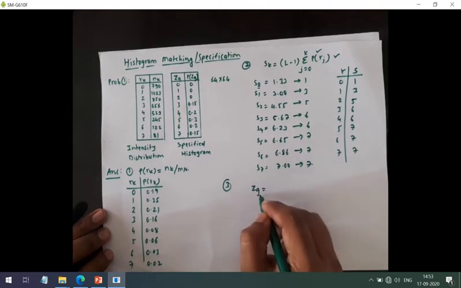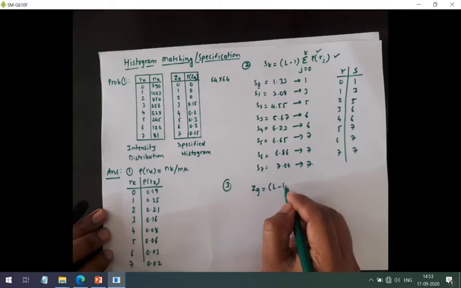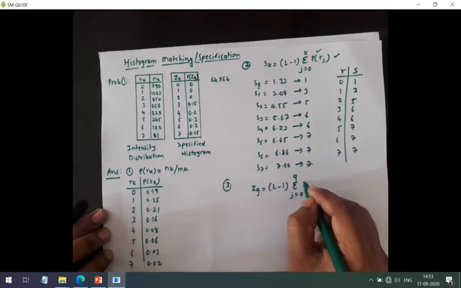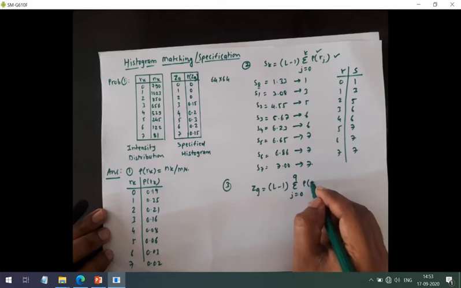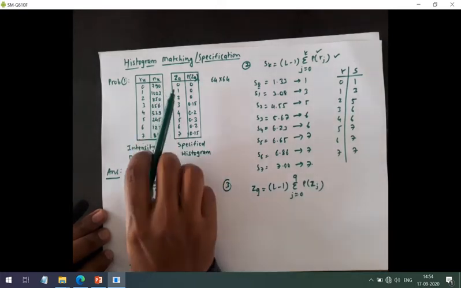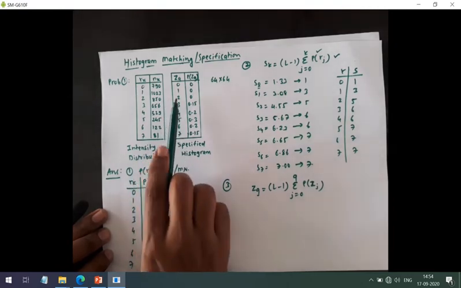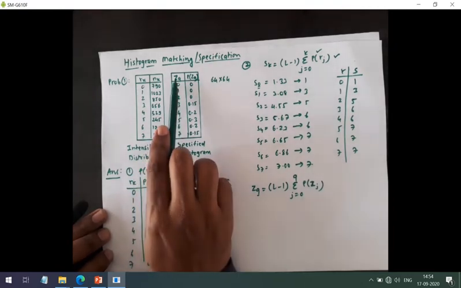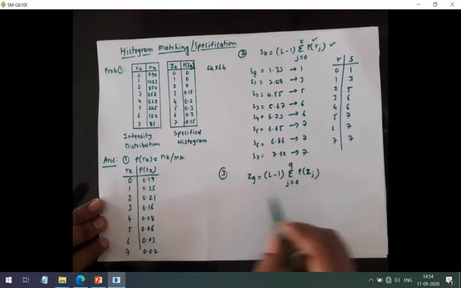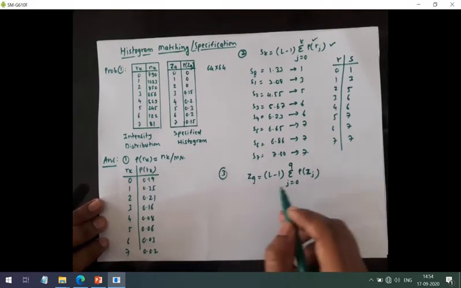Here we use subscript q: G of zq equals L minus 1 summation j equals 0 to q p of zj. We represent the intensity values of the specified histogram by z. So the formula is the same, only the values that we are using are different.